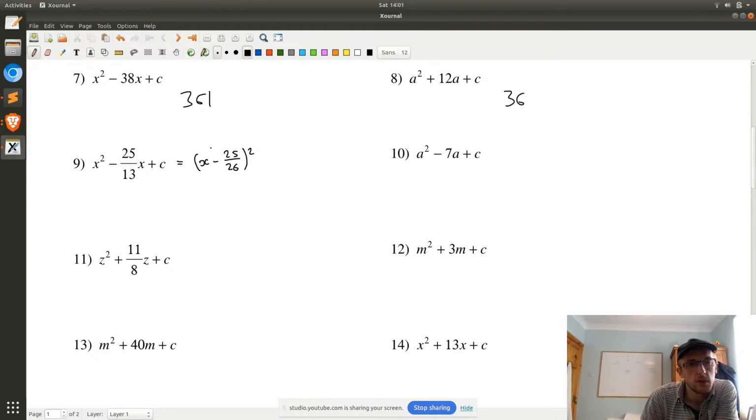So imagine that. You square x plus 25 over 26, and that's how you recover that term right there.